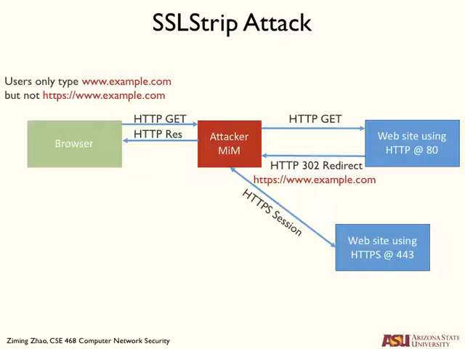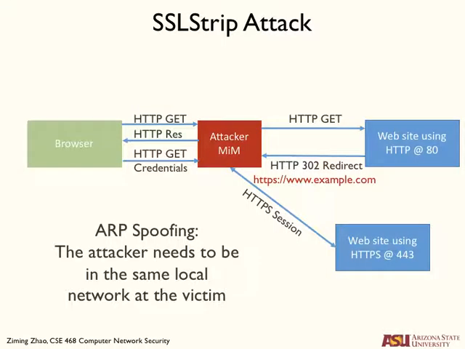It thinks it's still talking with an HTTP version of the website, which doesn't exist actually. Then the users will input all their credentials, and the attacker can get those and log in to the secure version of the website.